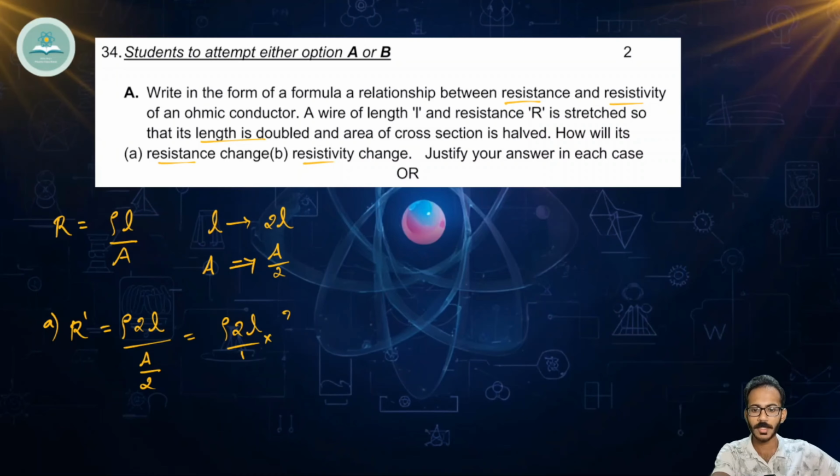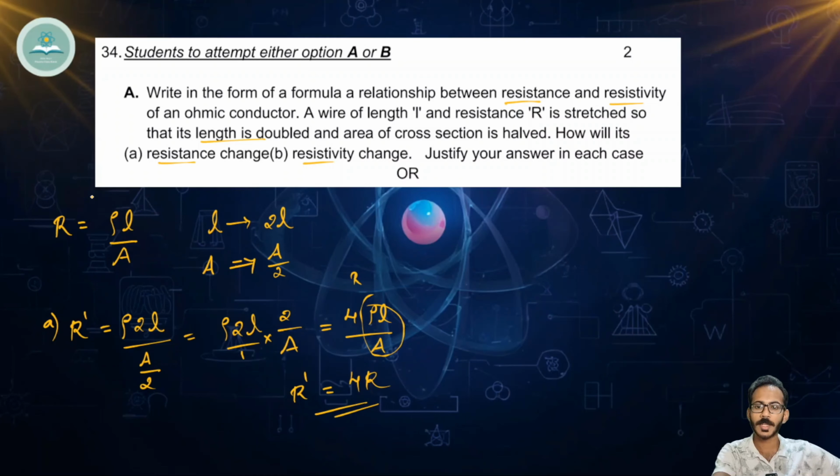So I'll write 2 by A. Now it can be written as 2 into 2, 4. 4 times rho L divided by A. We already know that rho L by A is our R. So R dash is equal to 4 times rho L by A, which is the same as R. So I can write R dash is equal to 4 times R.